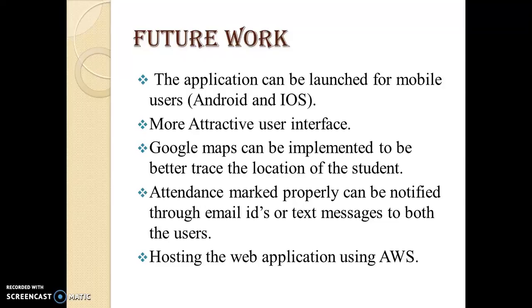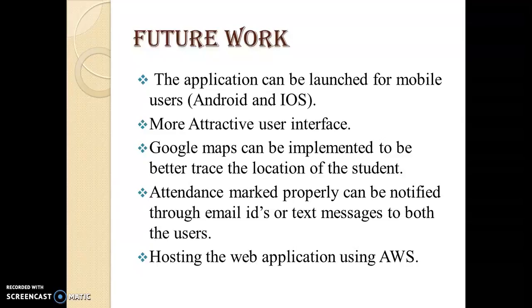Third future work we can work on would be Google Maps, which can be implemented to better trace the location of the student. So if we use Google Maps, then it can improve the accuracy of the location of the student while he marks attendance. Fourth, attendance marked properly can be notified through email IDs or text messages to both users.